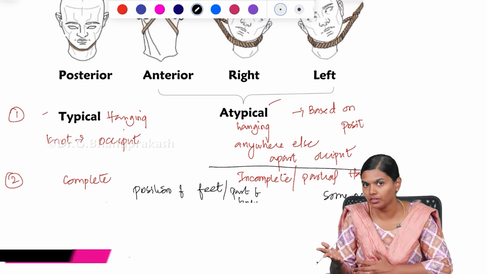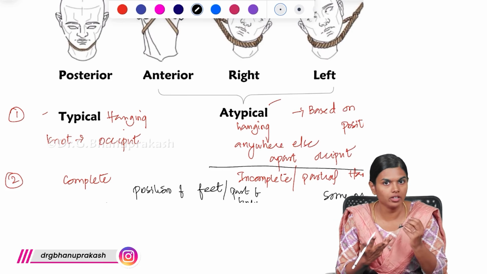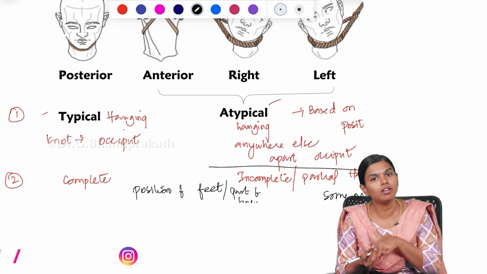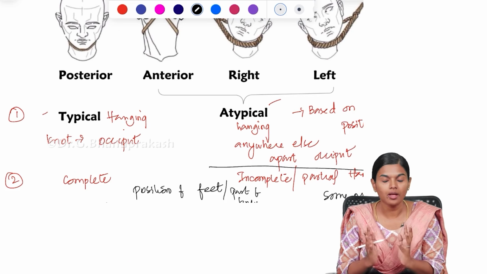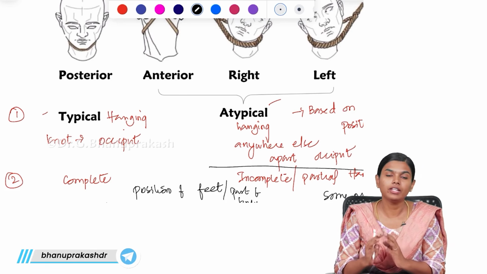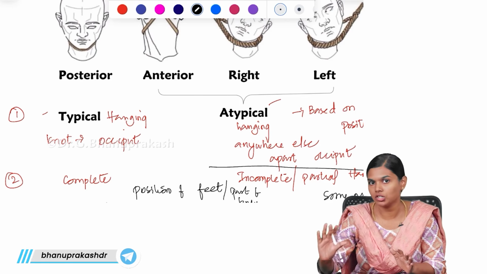So types of hanging: we have typical and atypical based upon the position of the knot. If it is present over the occiput, it is a typical hanging. If it is present anywhere else apart from the occiput, it is atypical hanging. Then based upon the position of the feet or part of the body, we divide them into complete hanging and incomplete or partial hanging.